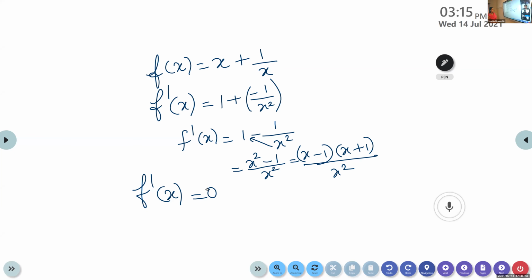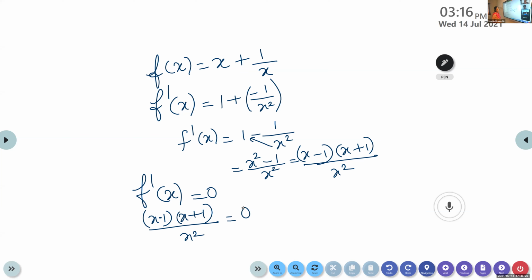So now equate f dash of x to 0. When you equate f dash of x to 0, what will you get? f dash of x is x minus 1 into x plus 1 by x square, which is 0.